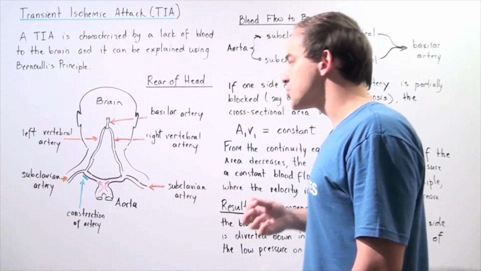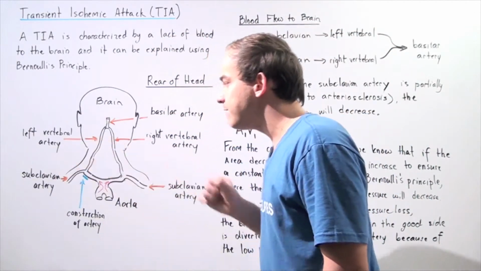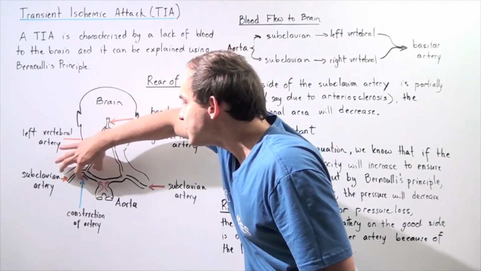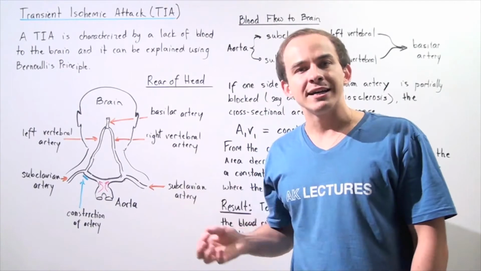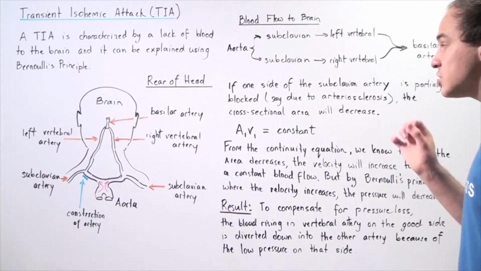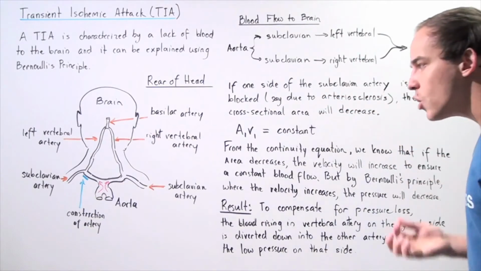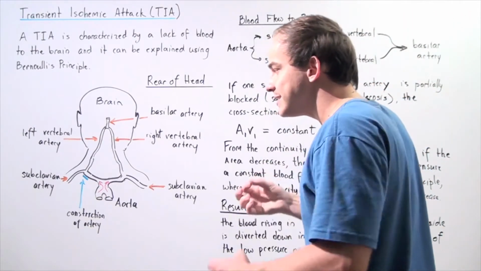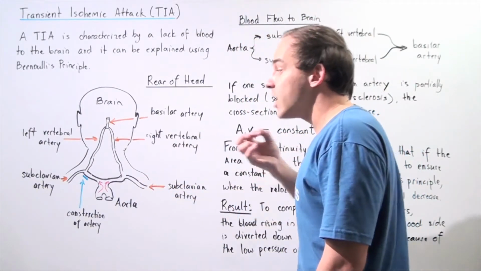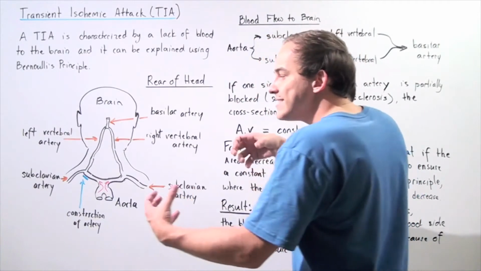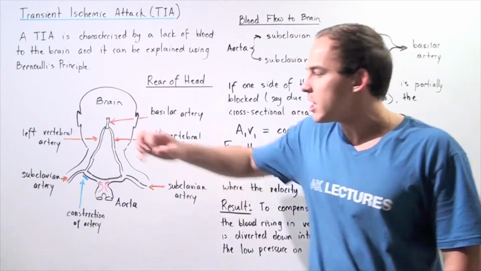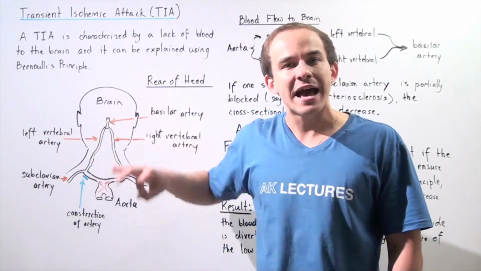Let's suppose that one of the subclavian arteries, let's say the left side in this section, has a partial blockage due to a process known as arteriosclerosis. This process is essentially the hardening of that section of the artery, and what that does to the blood vessel is it constricts it. It decreases the cross-sectional area of that section of the blood vessel.